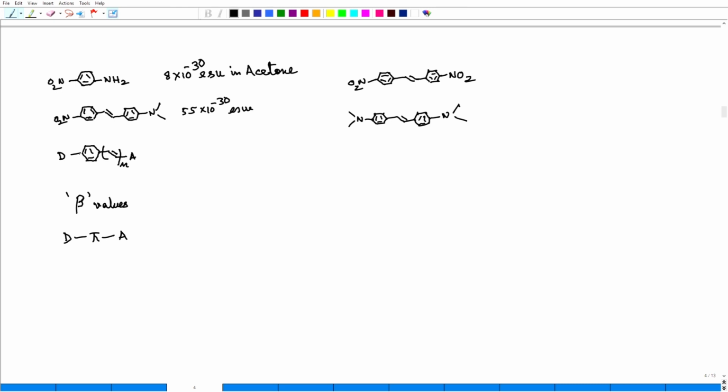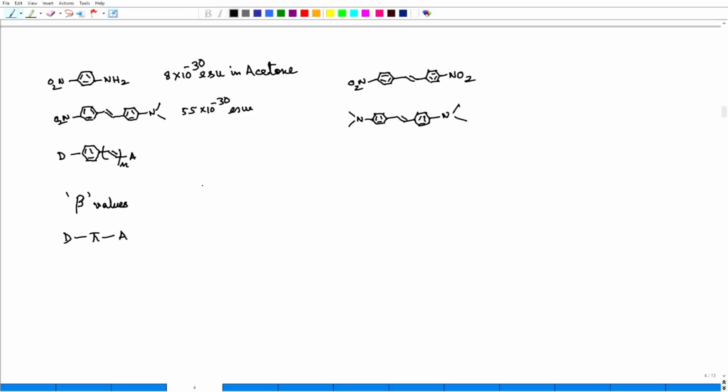As I go down, the absorption maximum of this molecule will move to longer and longer wavelengths. This particular compound gives an absorption maximum here, this one a little bit here, and how about this? This may give all the way here, this is the visible range, and these are the UV range somewhere.